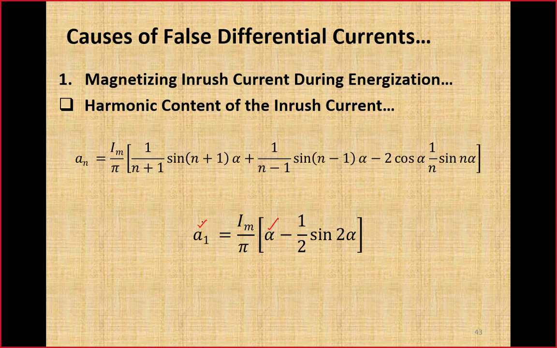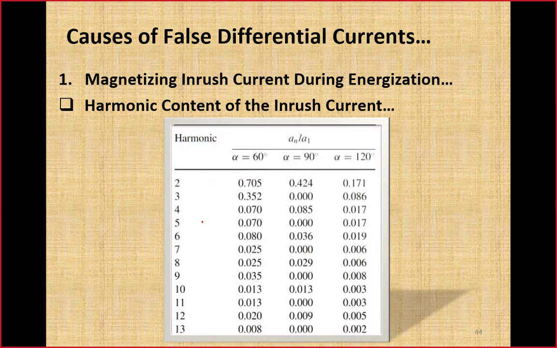Now the main thing is to discuss the magnitude of harmonic components present in inrush current. Here is the summary of that magnitude comparison. In this table, on the left side, in this column, the harmonic order is given: 2, 3, 4 up to 13, second, third, fourth, fifth, and onward.